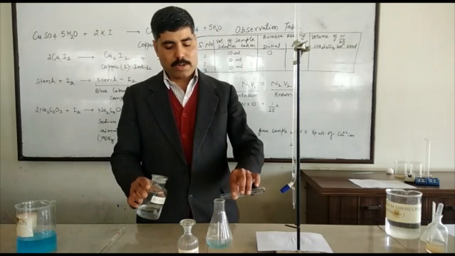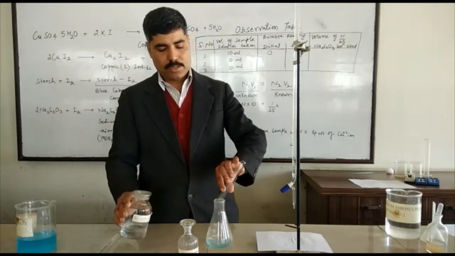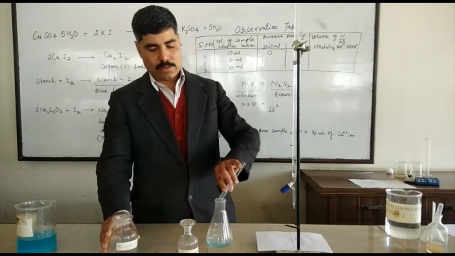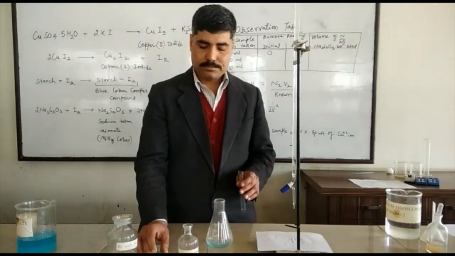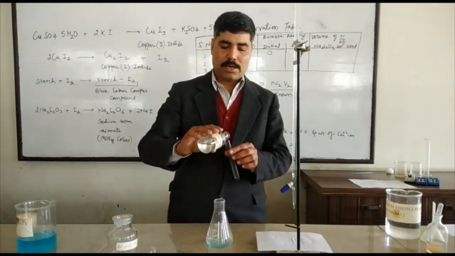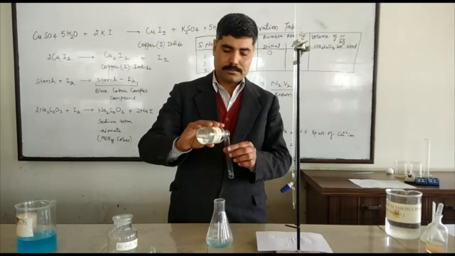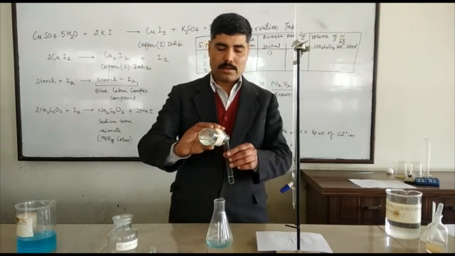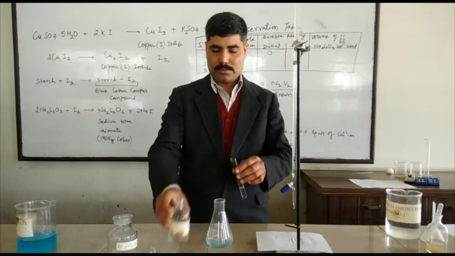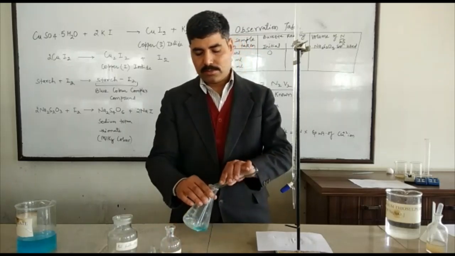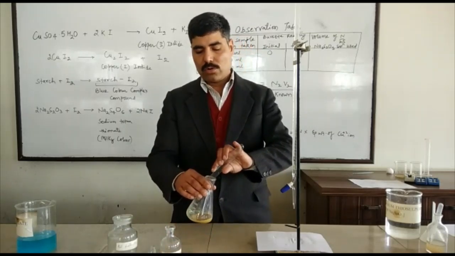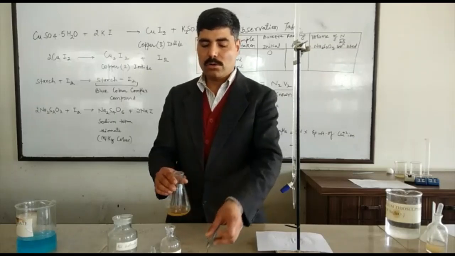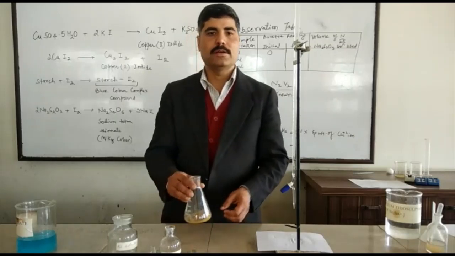We add approximately 2 ml of acetic acid and then approximately 2 ml of KI into the conical flask which has copper sulfate.